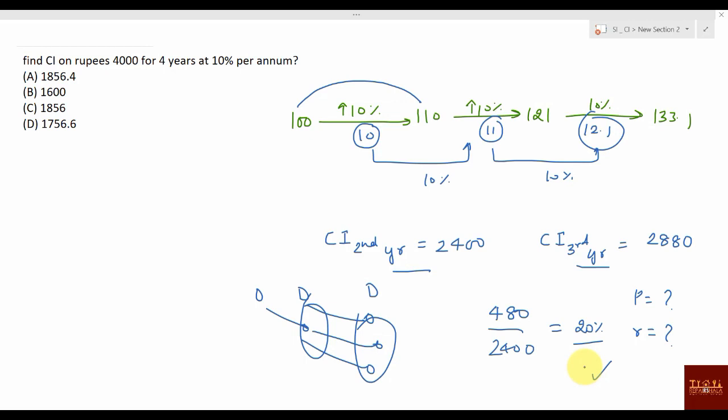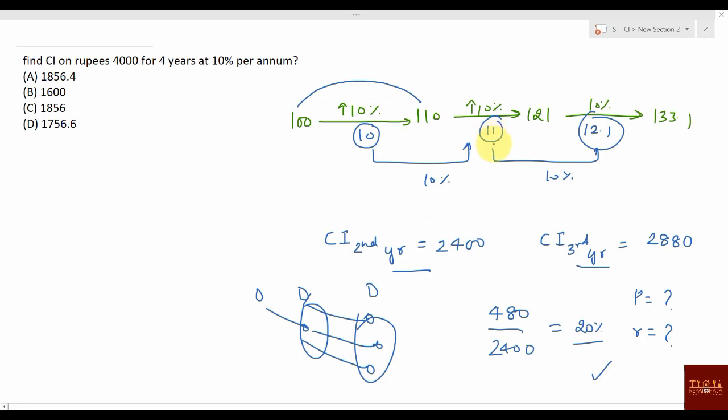What they are asking is the principal. So what will be the principal? You have got to know that 20% is the rate of interest. CI for second year is 2400.